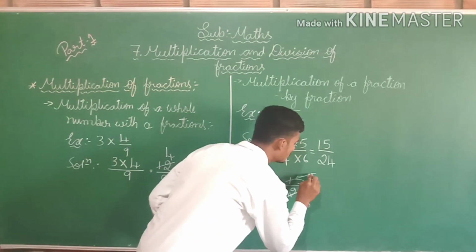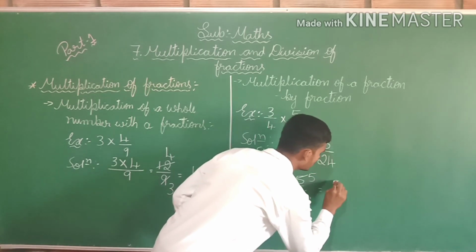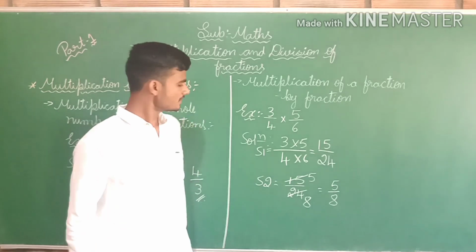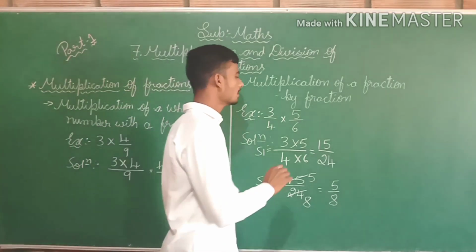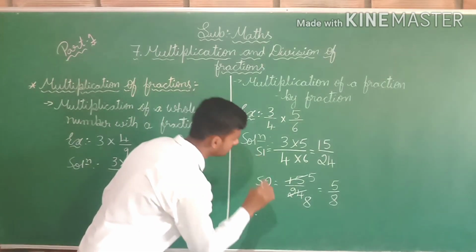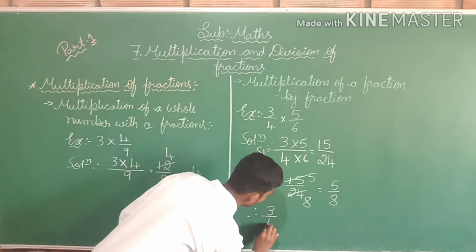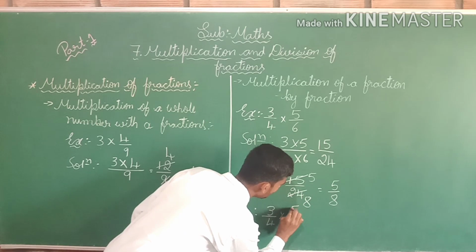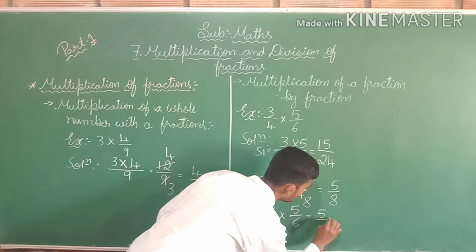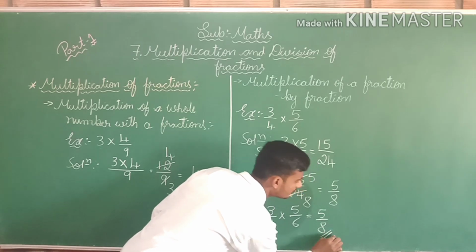So this is 5 by 8, the final answer. Now at last, what you have to write here? Therefore, 3 by 4 into 5 by 6 is equal to 5 by 8.